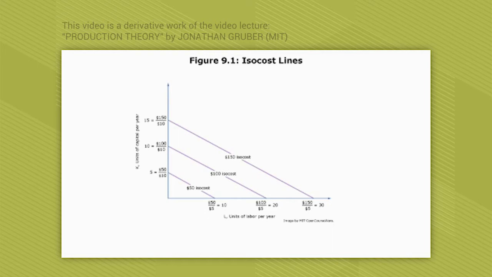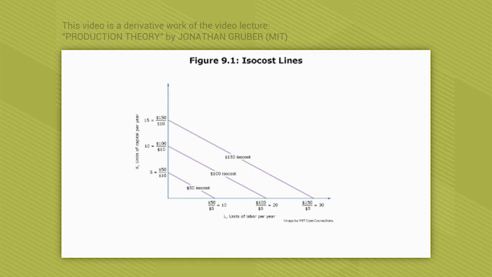Likewise, the $100 isocost is all combinations of labor and capital that cost $100. So each of these isocosts gives you the combination of inputs that cost a certain amount, just like a budget constraint gave you the combination of pizza and movies on which you spent your income.